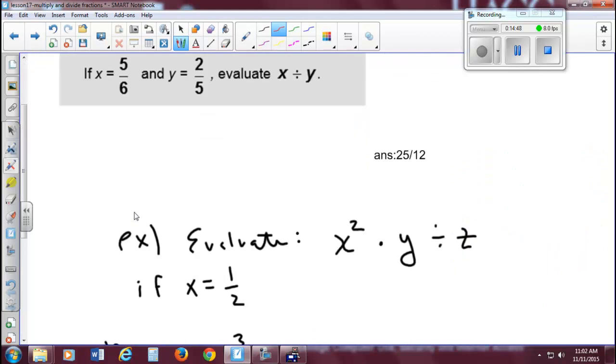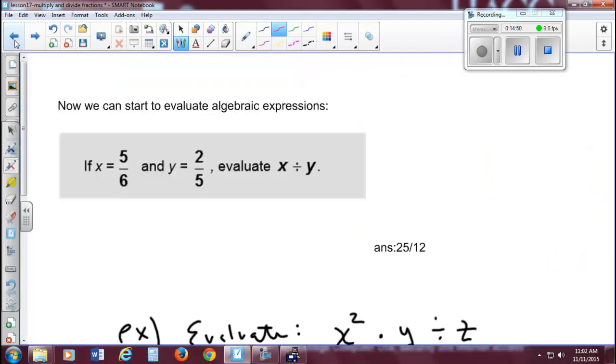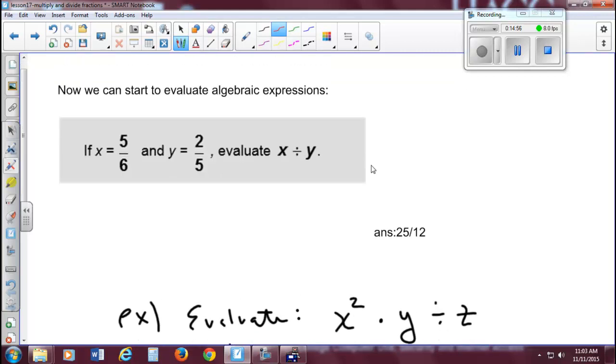Okay, and I believe this is our final slide for today: evaluation of expressions. We're gearing ourselves up for doing order of operations on fractions. So let's dive in. If x is 5/6 and y is 2/5 and we have to evaluate x divided by y, we know that's a lot of plug and chug, right?